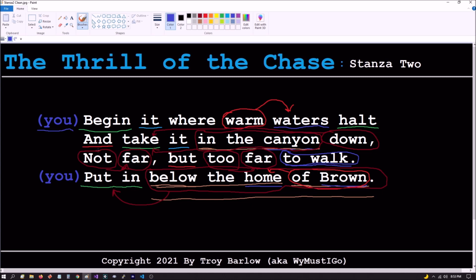Because this whole entire thing is modifying take. And it's telling you essentially how far to go. And what he's telling you is it's not far. Don't go to the nearest one, but go to the next one or the next closest place where you're able to walk from. All right.